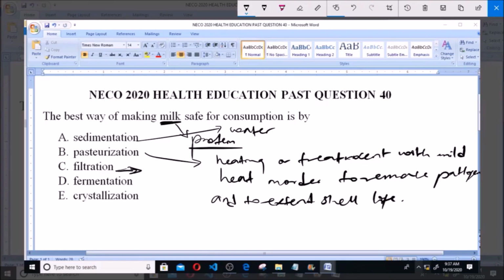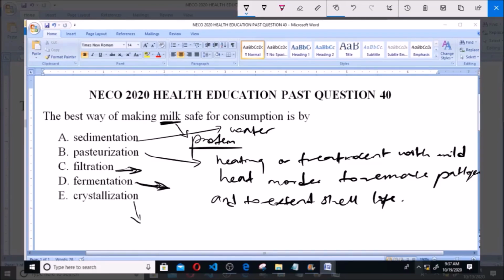It is possible to get back this substance using filtration, whereby filter paper is used to get it. Now fermentation involves an enzyme catalyzed reaction, whereby the substance is allowed to ferment.